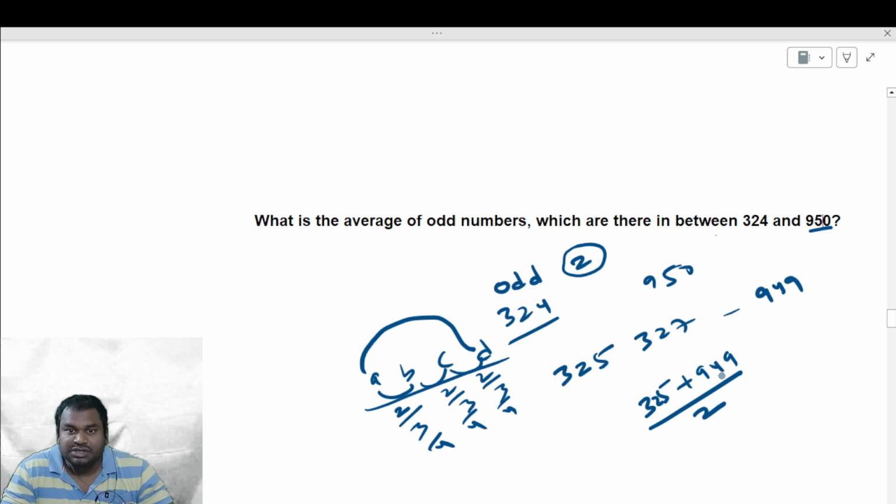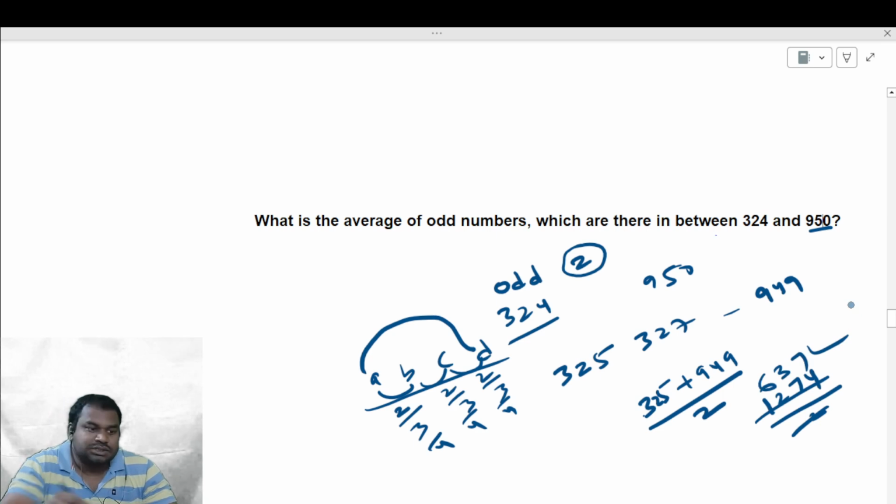In the same way, 325 plus 949 is 1274, divided by 2 is 637. 637 is the answer.